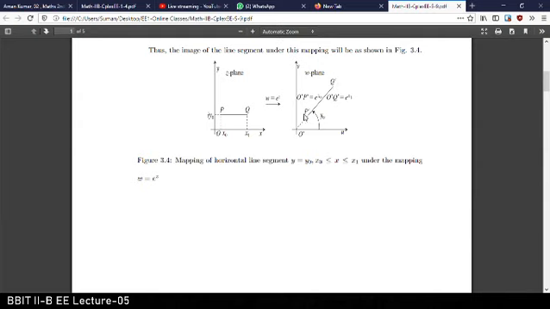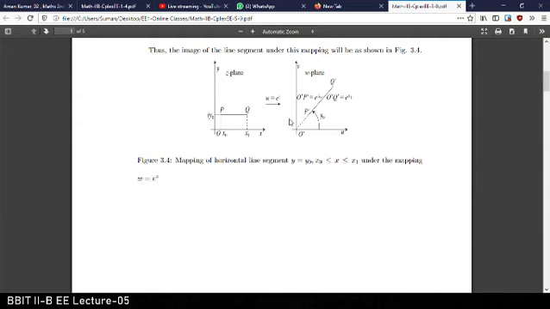Originally the distance was x1 minus x0. Now the distance is e to the power x1 minus e to the power x0. So depending on the values of x0 and x1, this length will vary. It is a power of e, that's why it will not be the same as x1 minus x0.